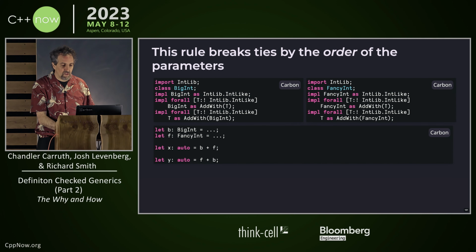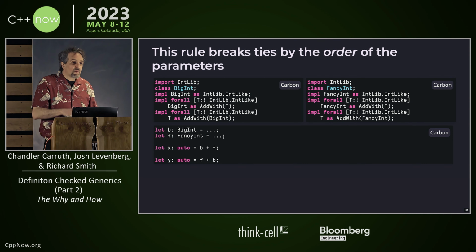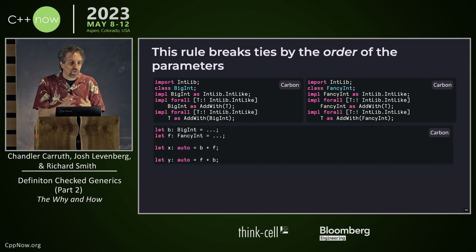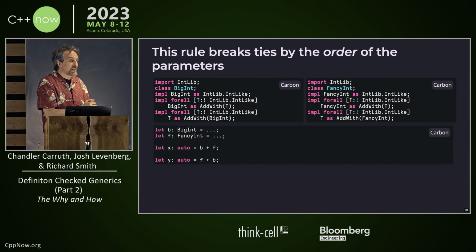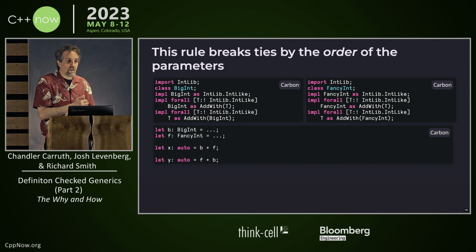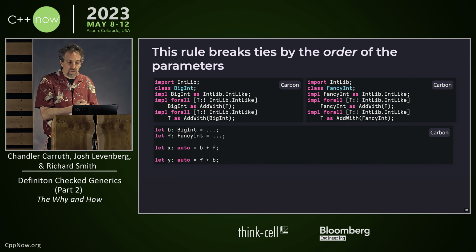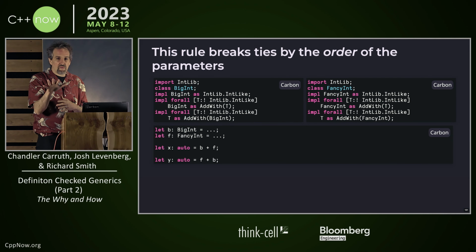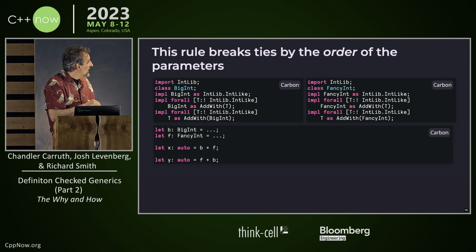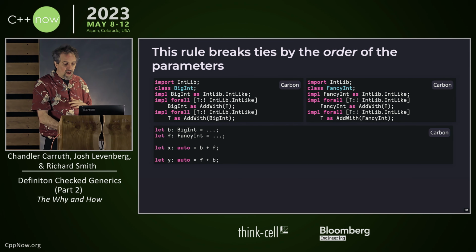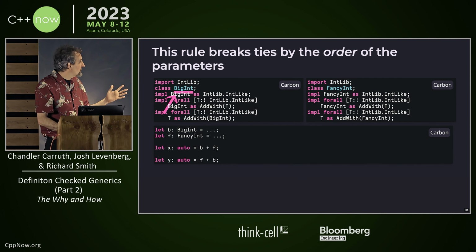So now I've told you how type structures work and how we use that to decide which implementation to select. And I think this goes to the sort of question from part 1 that we heard. So in this case, we have 2 types, big int and fancy int.